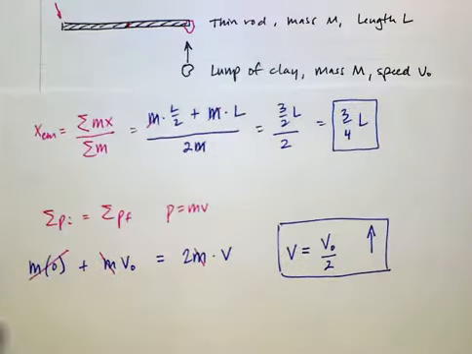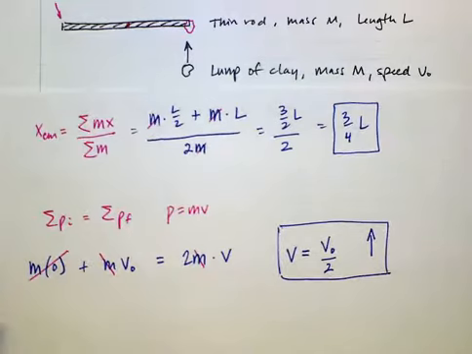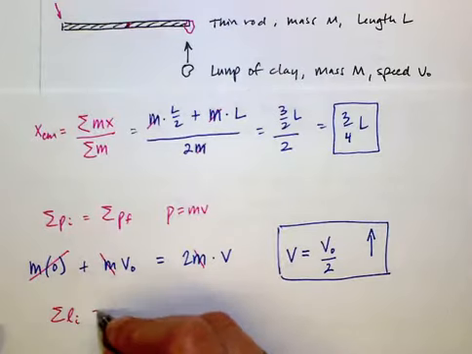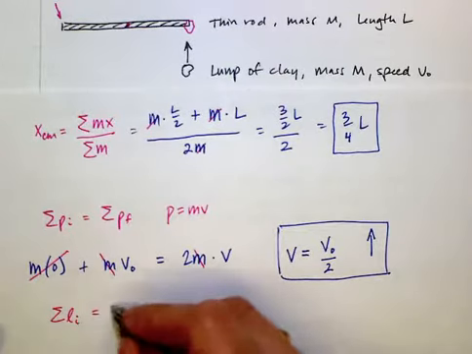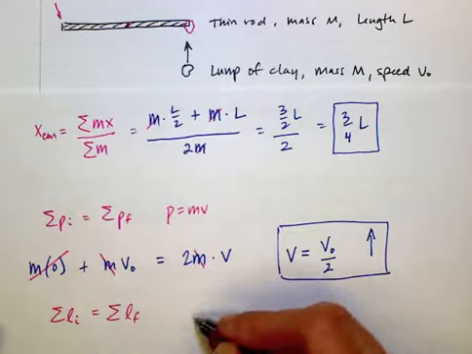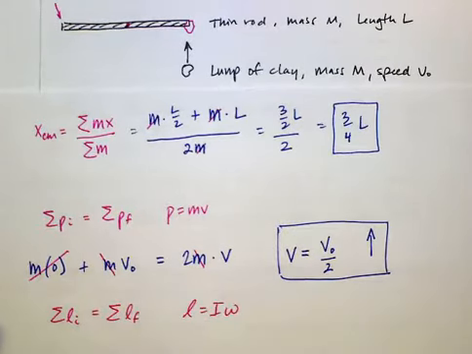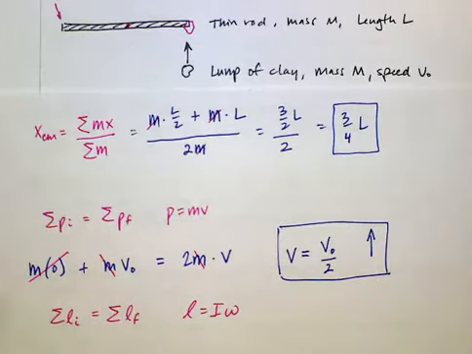So let's come back to our page here. The angular momentum that we begin with will have to equal the angular momentum that we end with, angular momentum being I times omega. For our system here, we begin with just an object, the lump of clay, moving in a straight line.